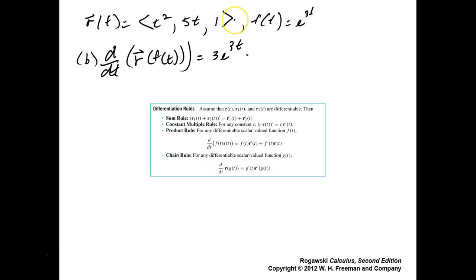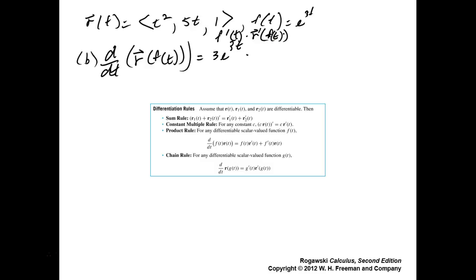Okay. Would it be helpful to write out what we're actually doing here? That would be what you said, f prime of t times r prime of f of t.